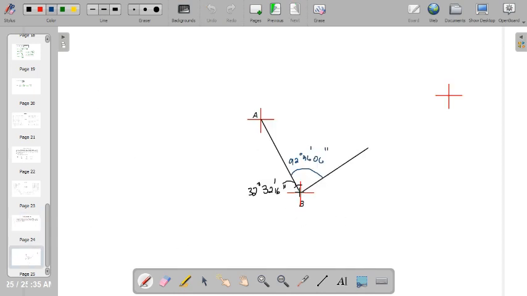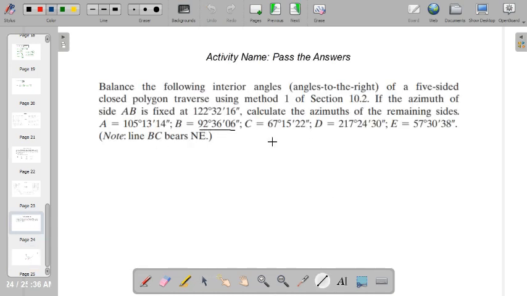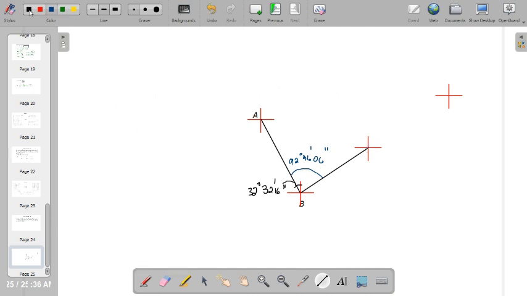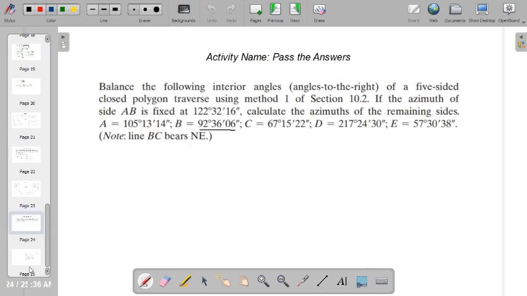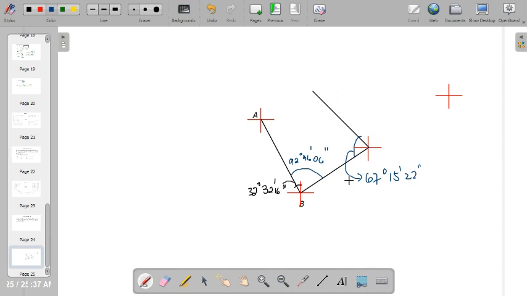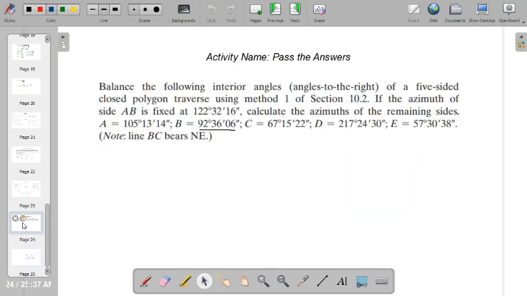So that will be 92 degrees 36 minutes 06 seconds. And then we can plot the C. We are going to get the forward bearing of, yes, that is 67 degrees, and that's point C.